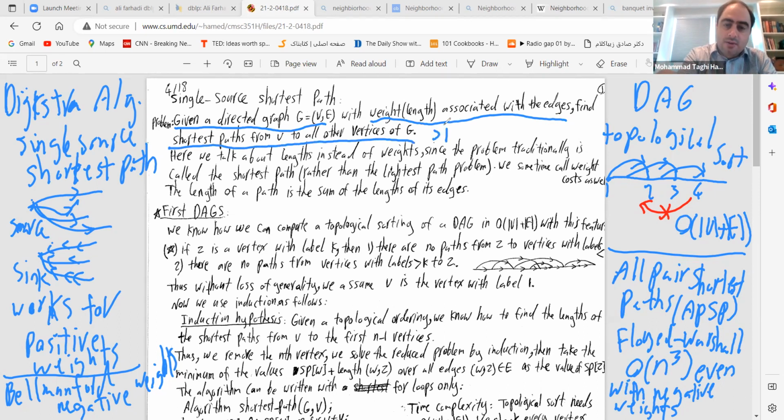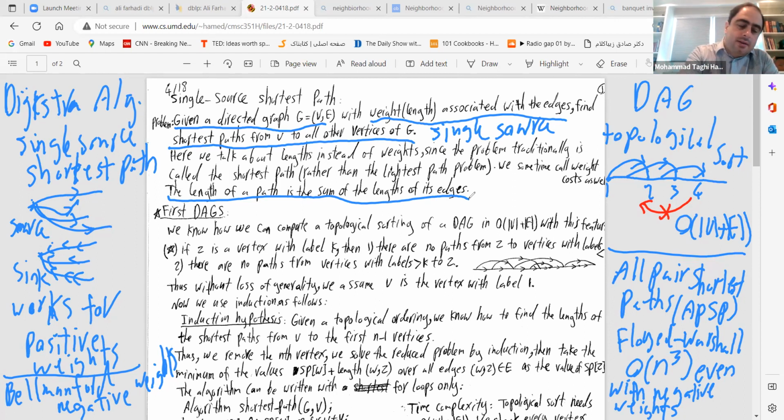It is called single source. And we talk about the shortest path. We could say lightest path or the minimum time path, but that's the one we are considering. And as we mentioned before, the length of a path is the sum of the lengths of its edges. Good.